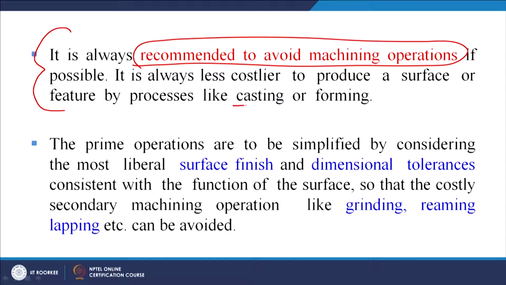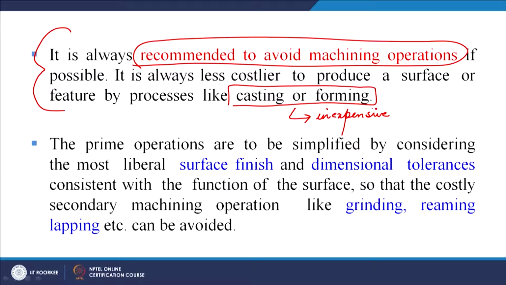So wherever possible, we must try to go for casting or forming, because these are inexpensive processes, which means they are not very expensive processes. Whereas machining processes are relatively more expensive as compared to casting or forming. So the first broad guideline is that if you have a choice, you must avoid the use of machining operations.